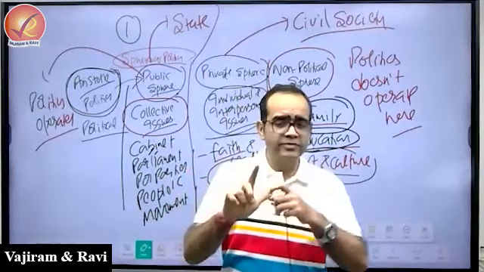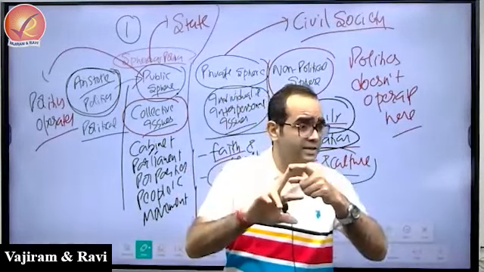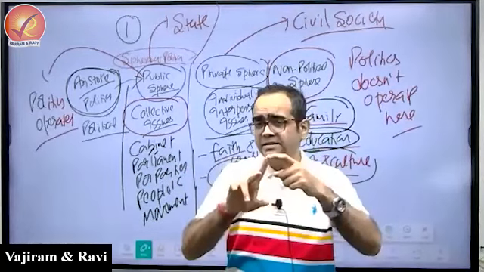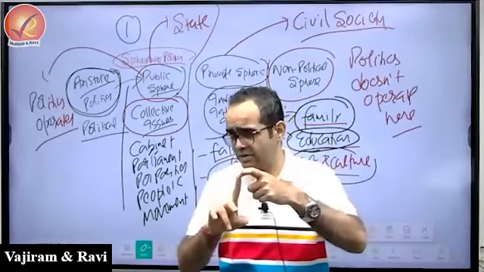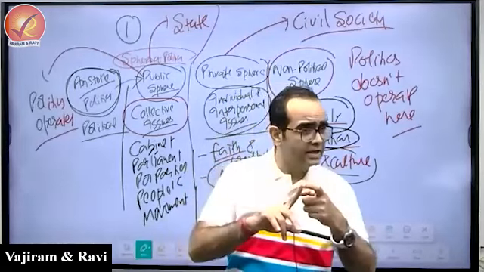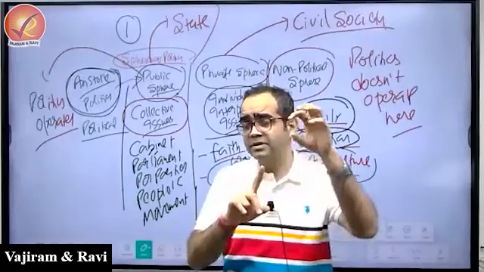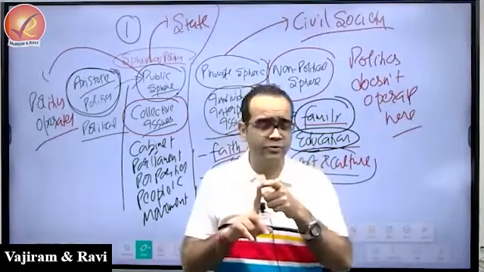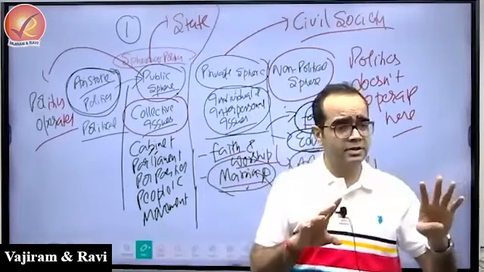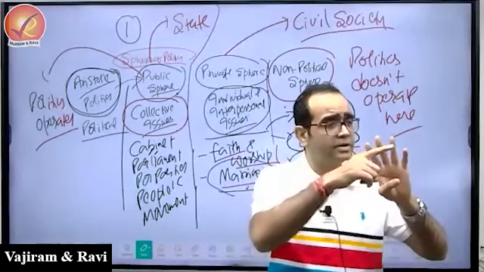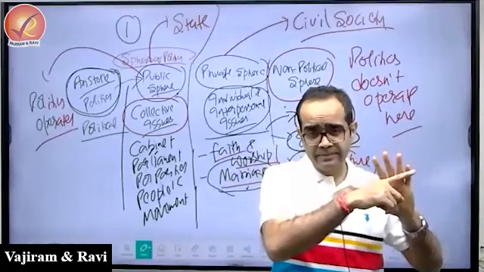I also discussed the difference between state and civil society, where state is largely what we say the government. Government is the agent of the state. The concept of state came in the Treaty of Westphalia, 1648, and state has four elements: people, government, sovereignty, and territory.